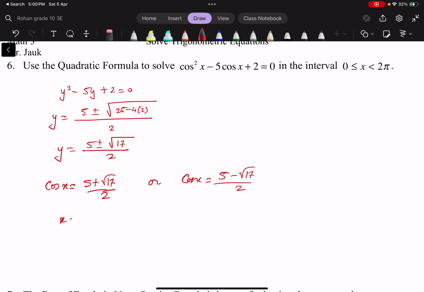So you find the value of x by calculator, using cos inverse.